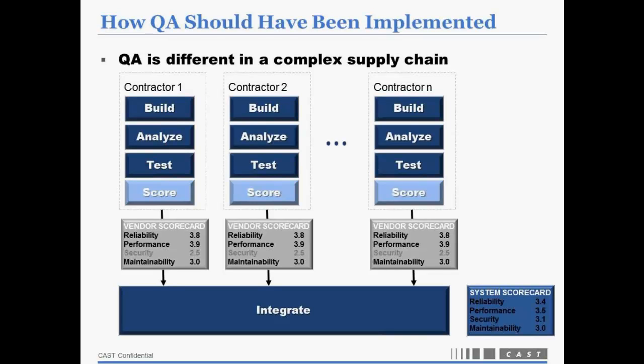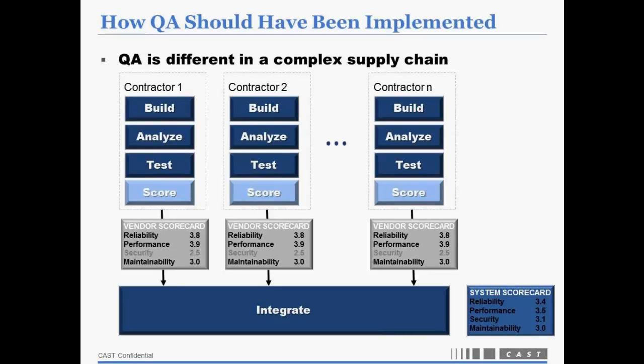And then when you integrate the system, you need to take an end-to-end measure of that system from a structural standpoint to see where those black swan type of risks actually lie, and look at the scorecard of that system. This is really the scorecard that you want to be reporting to management and to the project stakeholders to let them know whether you're a go or no-go, in addition to, of course, stress test and performance test results.